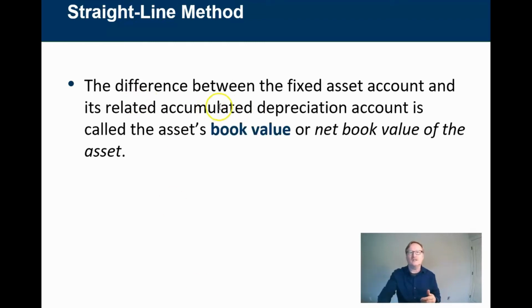Here it says the difference between the fixed asset account and the accumulated depreciation is the book value. We talked about that in an earlier chapter. The reason why it's brought back up here is that we'll see a little diagram on how those two things change depending on the depreciation method that we use.